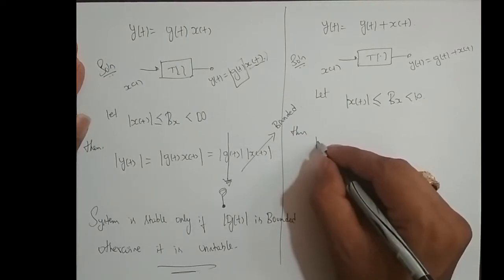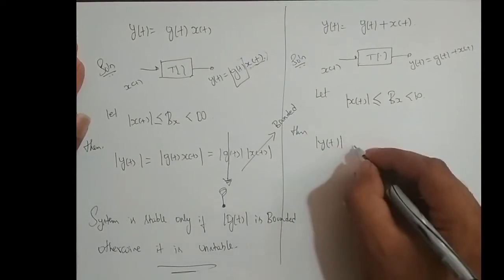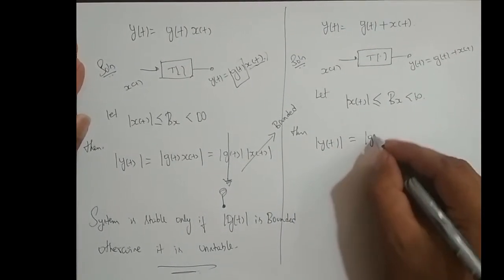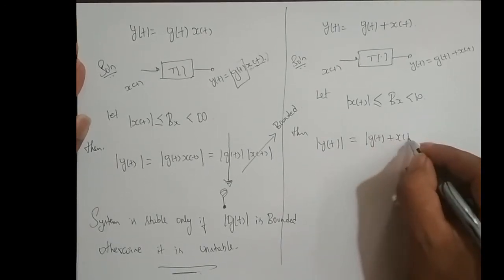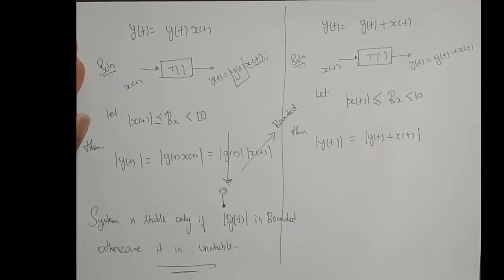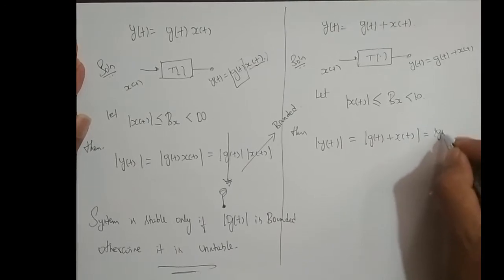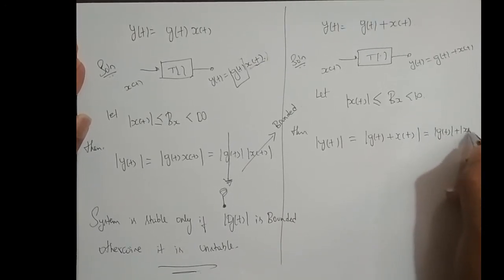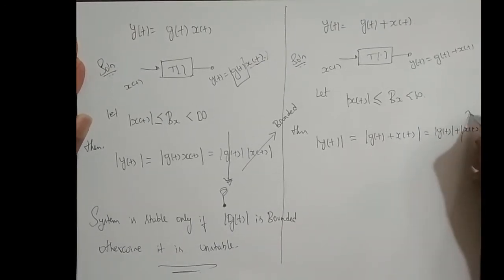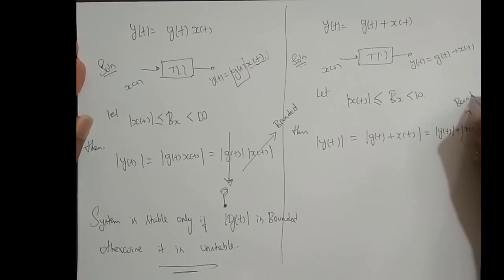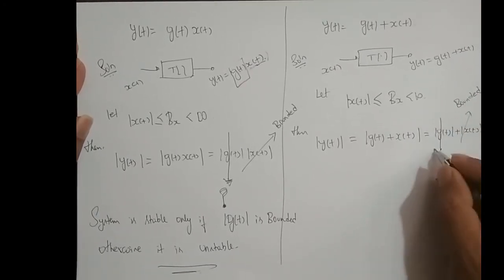Then magnitude of y of t is equal to magnitude of g of t plus x of t. I'll split it: magnitude of g of t plus magnitude of x of t. This is bounded anyhow, we assumed it. And what about this?